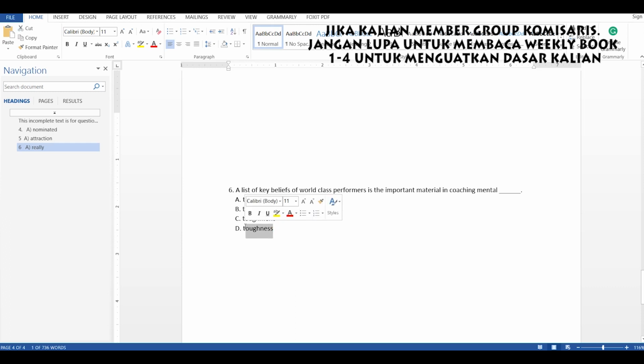Why is it D? Why is it not A or B? Because what is needed is a noun, and mental is an adjective, and an adjective always explains or describes a noun, so the answer is D. If you are a member of the Fomisaris group, then you have discovered this type of question and you will not be confused because you have the weekly book.